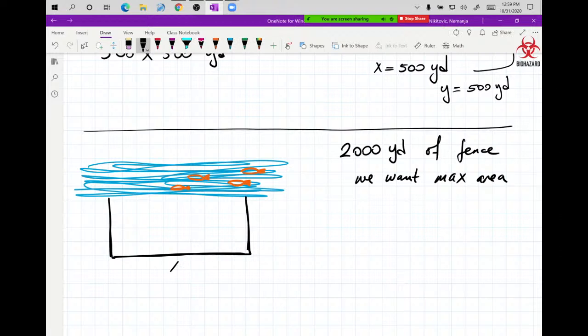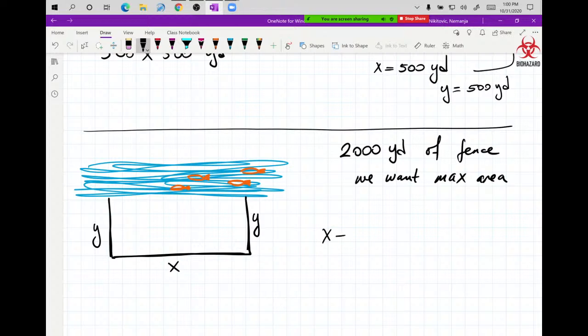So this configuration now changes my equation. You see, my perimeter is no longer 2x plus 2y. It's a single x plus 2y now. And you see that by looking at the picture. Right, look at it.